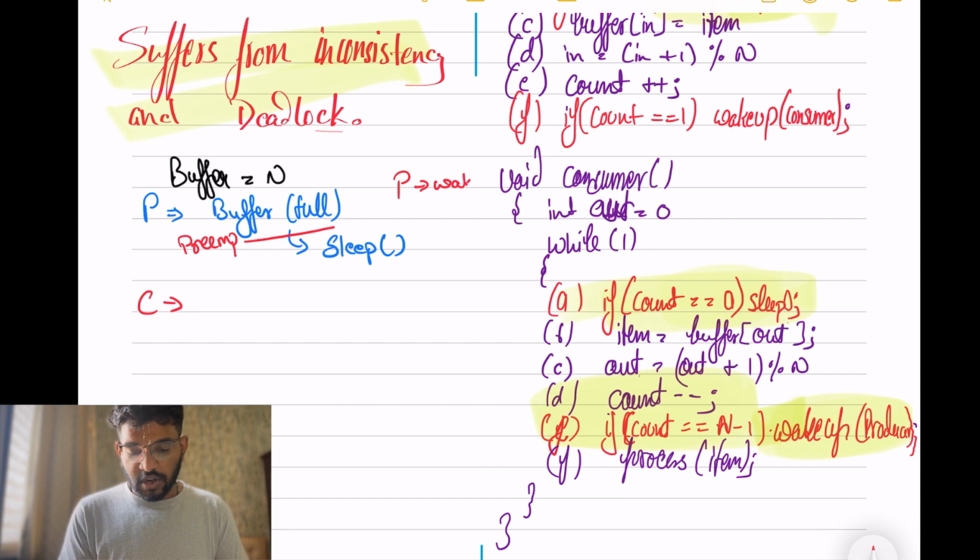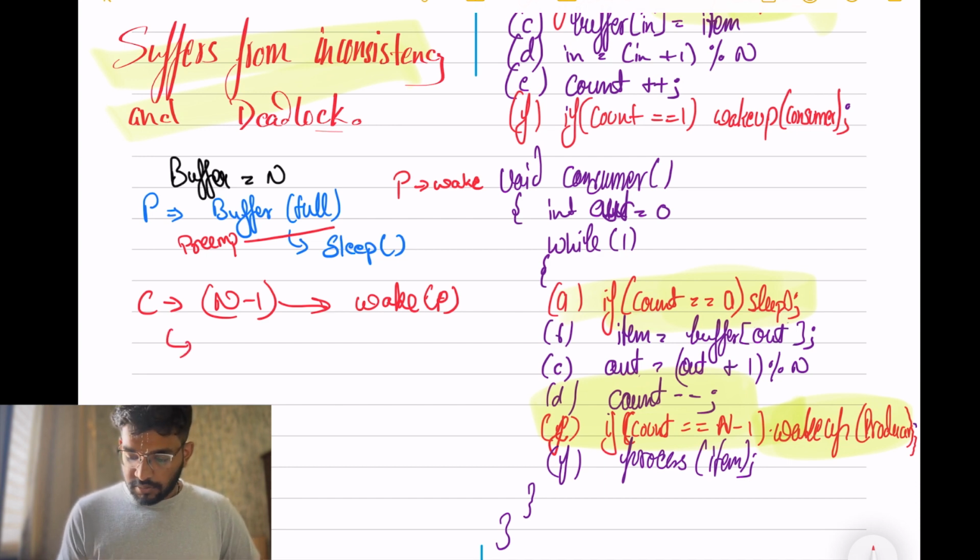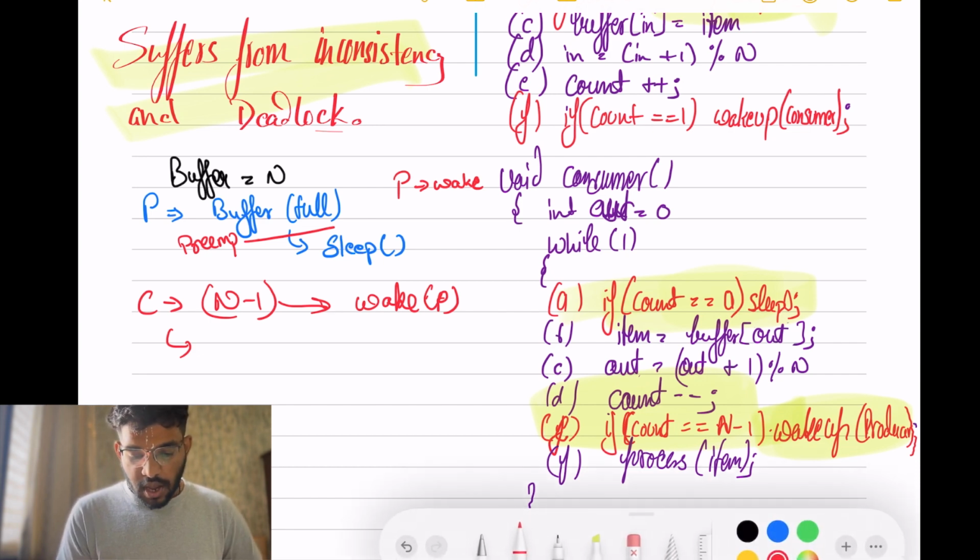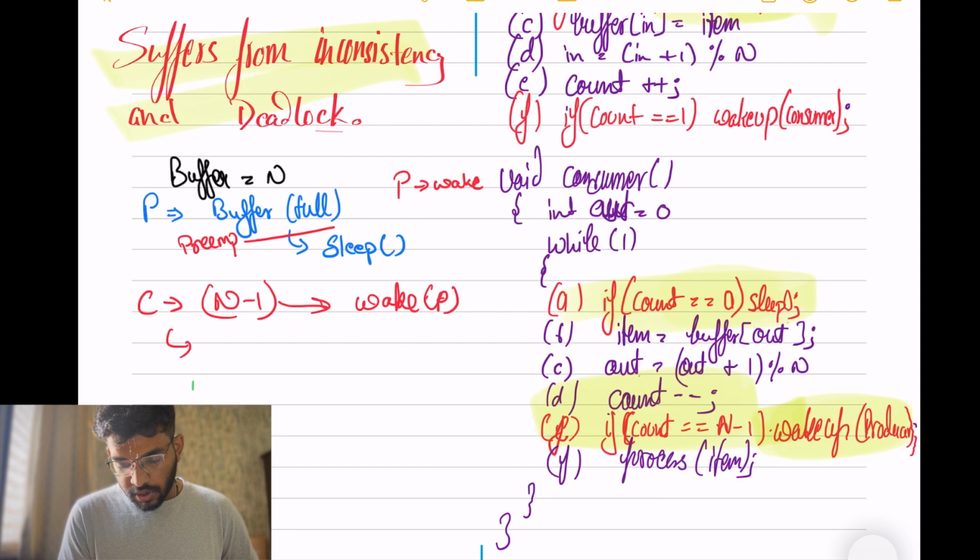Now the consumer starts consuming. Currently the value of the buffer is n, so n minus 1 happens after the consumer consumes 1 unit, and then the consumer tries to wake up P, but P is already awake. As P is already awake, nothing will happen. Now the producer runs again, and it cannot check the statement of buffer equals full again, because it has already executed that statement.